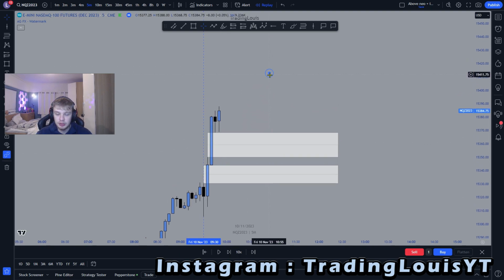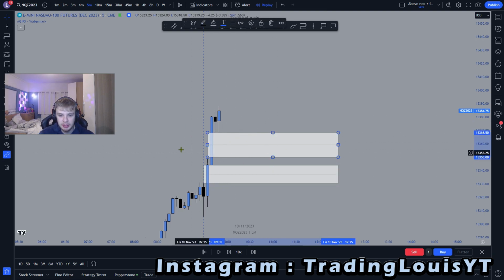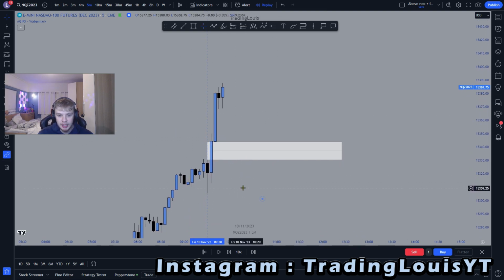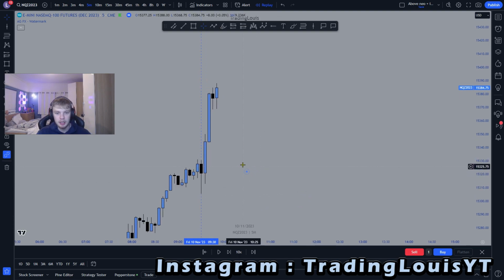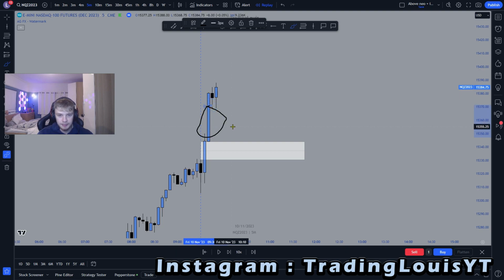So if I was in this situation, what I would do is I would just completely ignore this top fair value gap there, and I would only focus on this bottom fair value gap here, because even if we were to fill this fair value gap here, I think that is irrelevant, as then we have this fair value gap here.